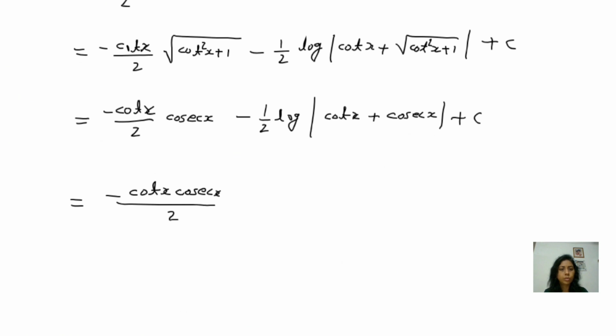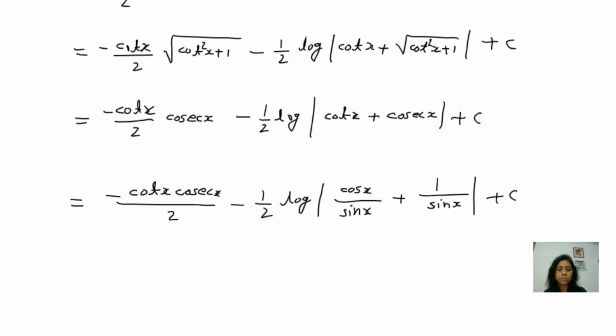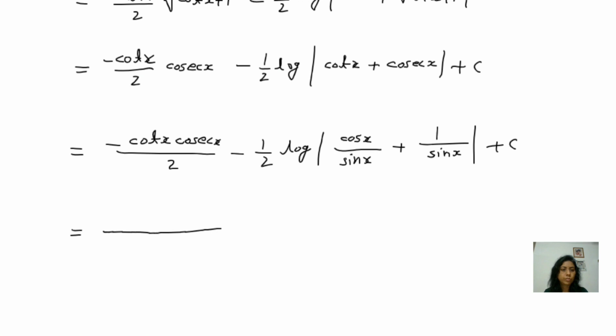So we can write negative cot x cosec x divided by 2, minus 1 upon 2 log, and cot x we can write as cos x divided by sin x, and cosec x as 1 upon sin x. Use trigonometry formulas here. If you have good knowledge of trigonometry, you can solve this question very easily.